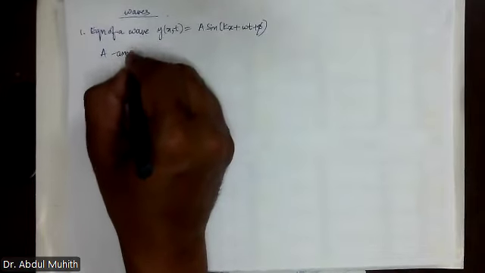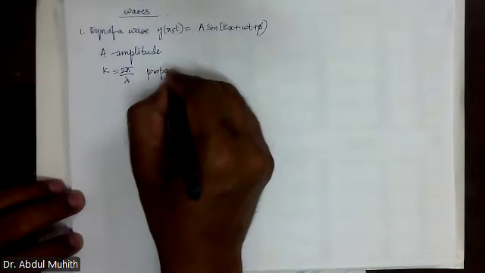Here A is amplitude, and k is equal to 2 pi by lambda, that is the propagation constant.